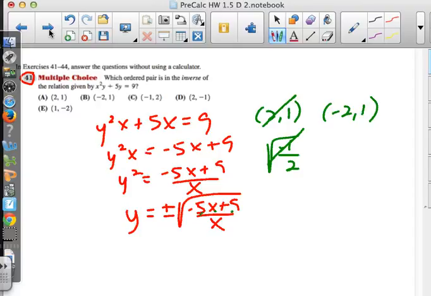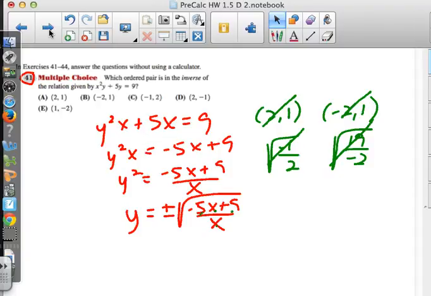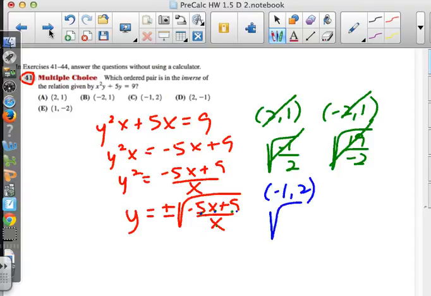Well, -5 times -2 is 10. 10 plus 9 is 19. Square root of 19 over -2. Can't even do that. That's imaginary. Then we go to -1, 2. -5 times -1 is 5. 5 plus 9 is 14. And all of that, that would be a -14, and that's imaginary.